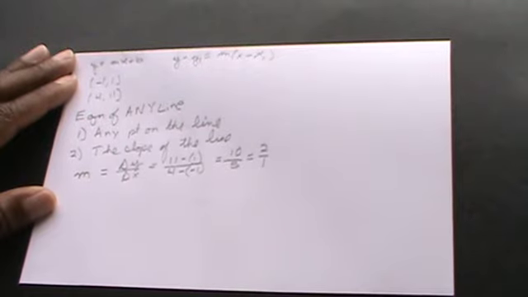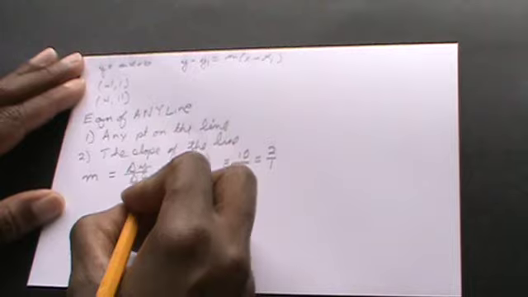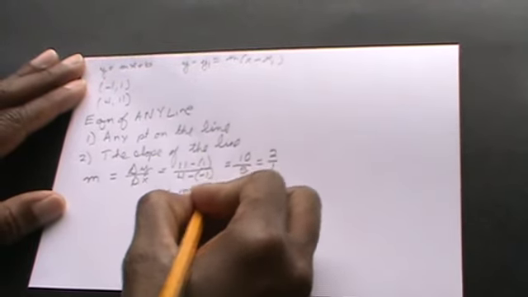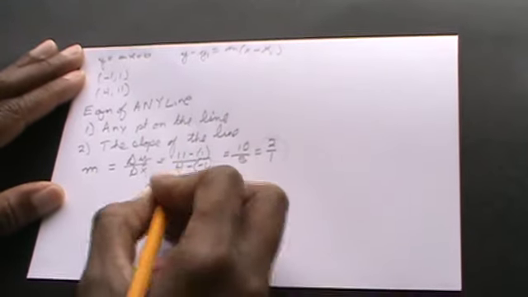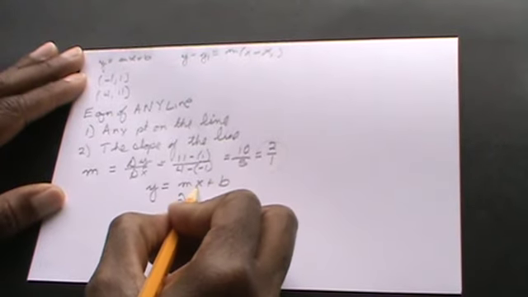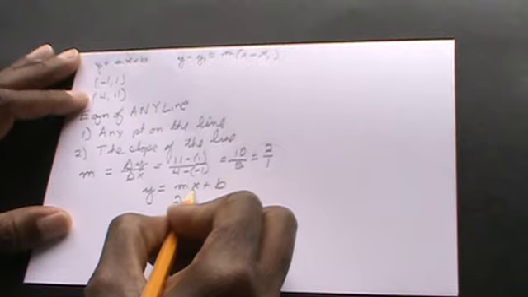Let's tie all of that together and put it back into y-intercept form. So y equals mx plus b, and for the slope we're plugging in 2, or 2 over 1. As I mentioned, it doesn't matter which one of these 2 points you use, so I'm going to use the point 4, 11.